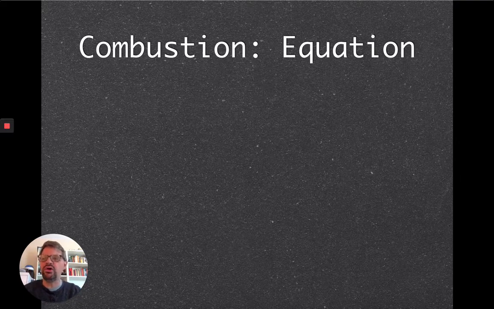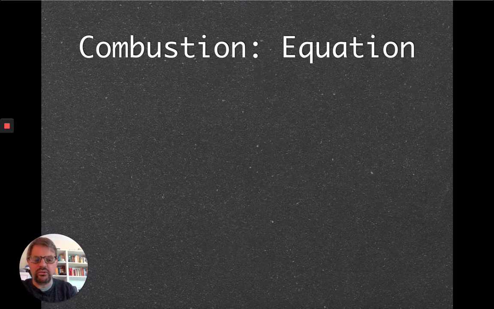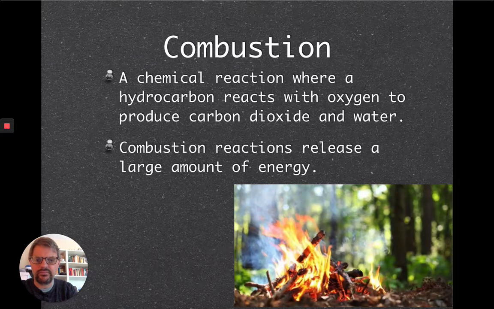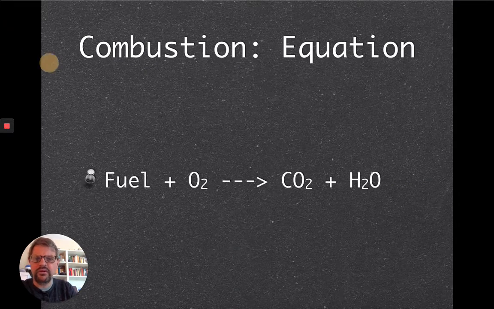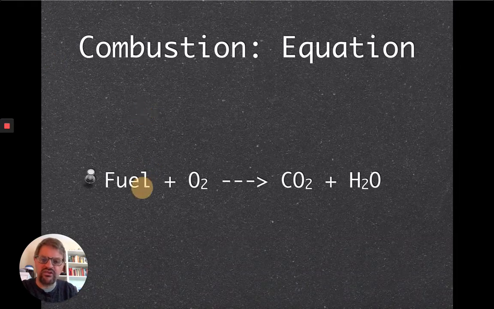Now, the form of a combustion equation. Just before we were out of school last month, we started looking at chemical equations. This is how you represent a reaction on paper. The general form of a combustion equation is as follows.